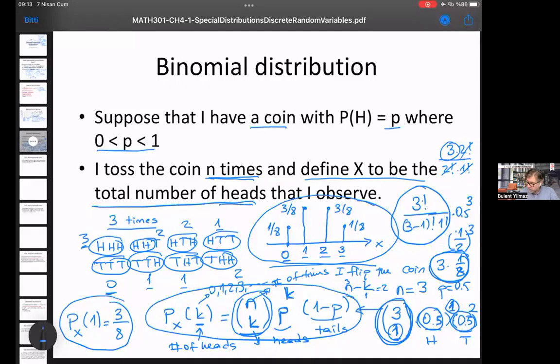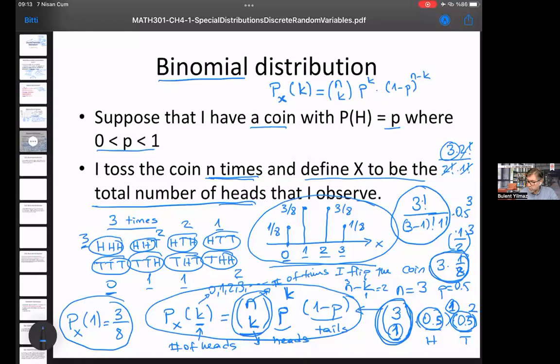Let me write once again: in binomial distribution, the probability of obtaining a certain random variable a certain number of times is going to be equal to the combination of n to k, and then the probability of obtaining this random variable k times, and the probability of obtaining the other option, n minus k times.